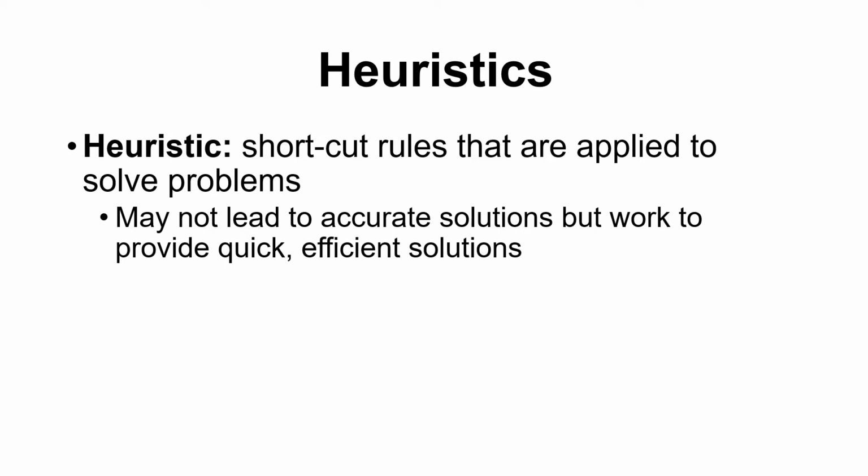And so it might not lead to an accurate solution, but it can be quick and efficient. So we could even consider that solution to problem B in our thought experiment at the beginning as a heuristic. We knew a strategy that worked, we tried it, and it gave us a solution in problem B. It wasn't necessarily the best solution, it wasn't the most efficient, but it got us there in the end. So it does a good job of illustrating what a heuristic is.